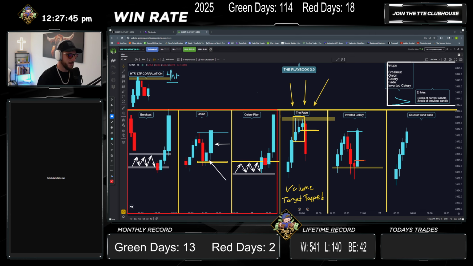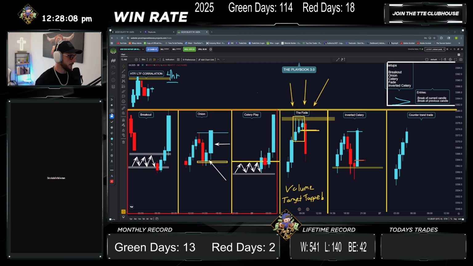We don't really want to take the sell because we're too bullish at this point, right? So we don't want to see this candle move up on us after taking sells. So we don't really want to snag the fade or the inverted celery or anything right here. We just want to wait. So what happens is, let me draw your attention over here on the right to the counter trend idea.